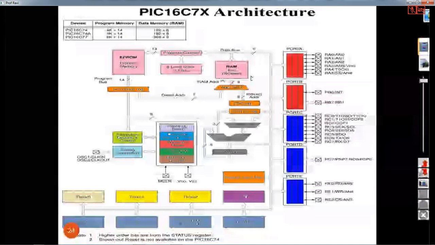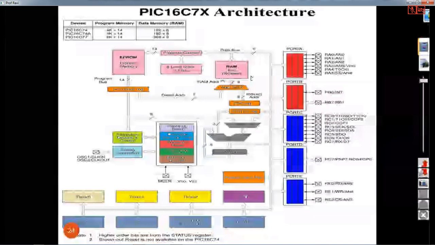This is the program memory, with separate address and data buses. Then you have an instruction decoder, and on-chip timers: timer 0, timer 1, and timer 2. And ports and USART.